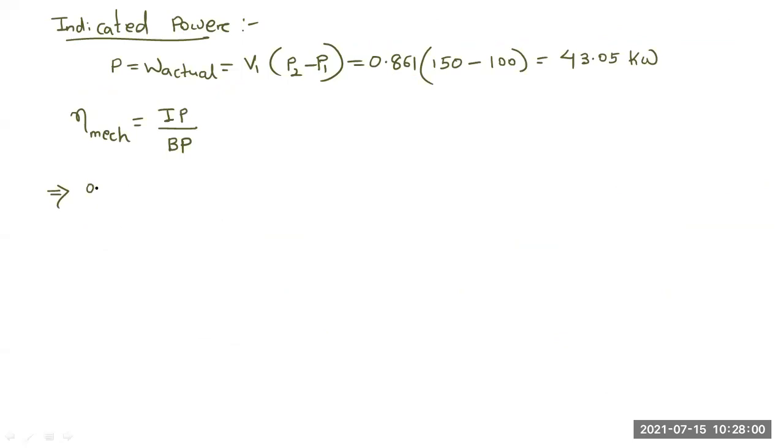So mechanical efficiency is 0.8, which is equal to the indicated power we have calculated, 43.05, divided by brake power or motor power. From this formula, brake power will be 43.05 divided by 0.8.